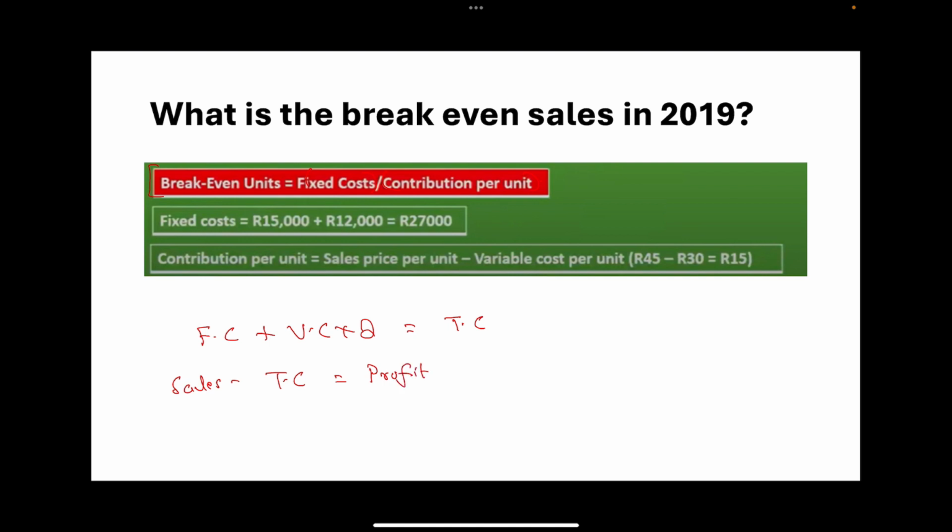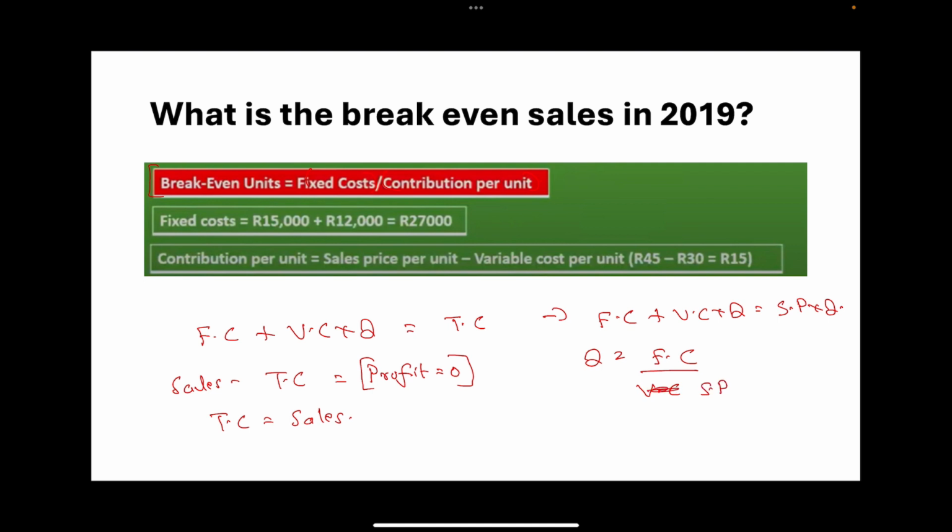At break-even point, the company is able to recover all its cost. So at break-even point, the profit will be 0, that is total cost is equal to sales revenue. So you can write fixed cost plus variable cost into Q is equal to selling price into Q. And so Q will be equal to fixed cost by selling price minus variable cost.